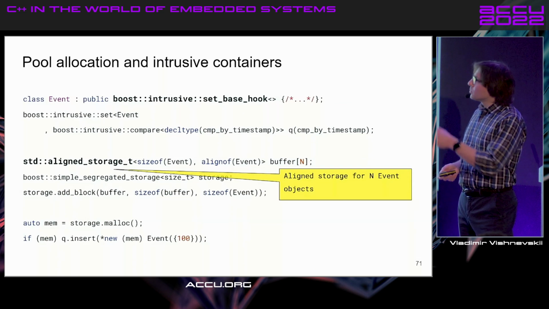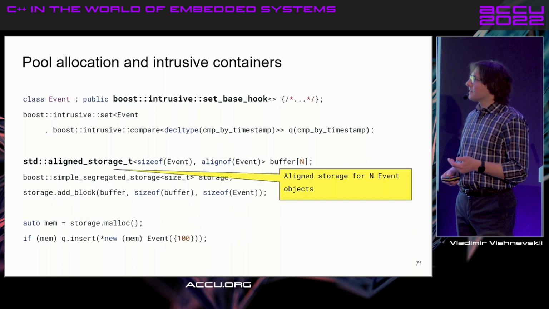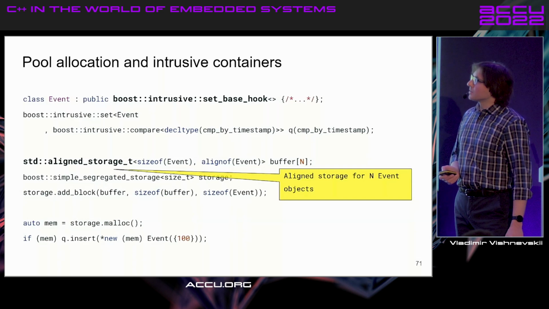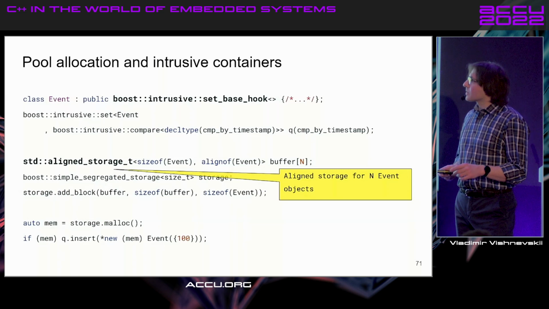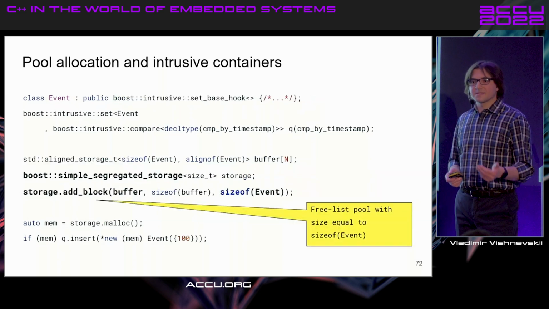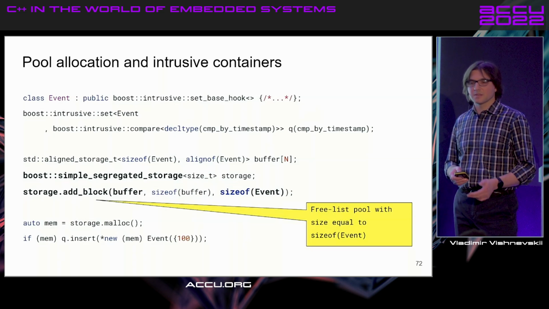From that point of view, we can use some pool allocation, and here this can be facilitated via the Boost pool, or actually using the very simple implementation of simple segregated storage that is a part of the Boost framework, which allows constant time allocation of a data block of a fixed size.